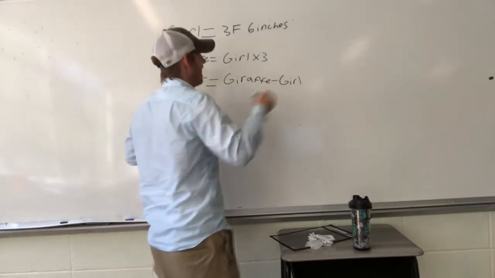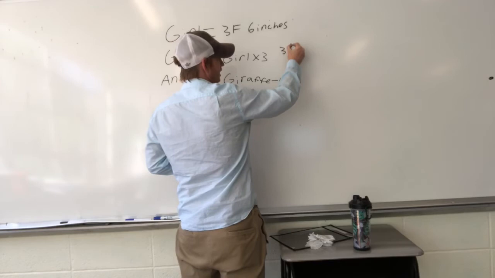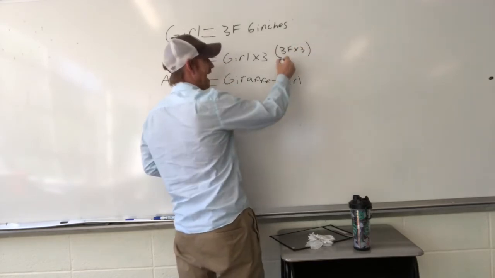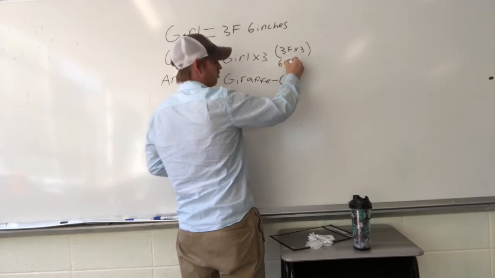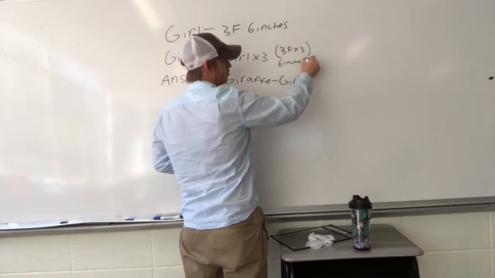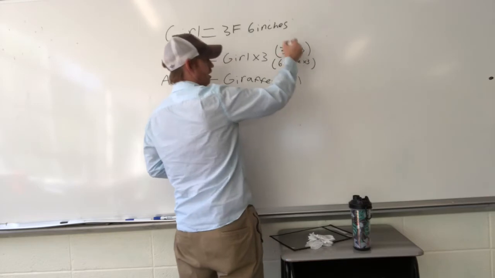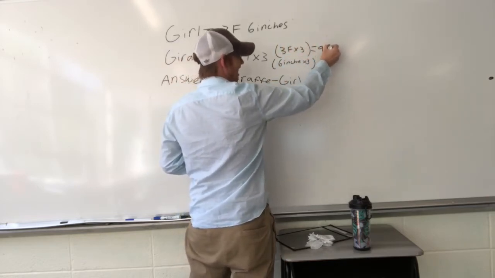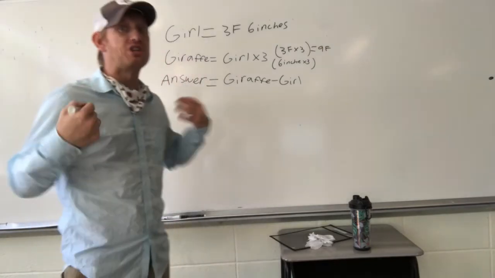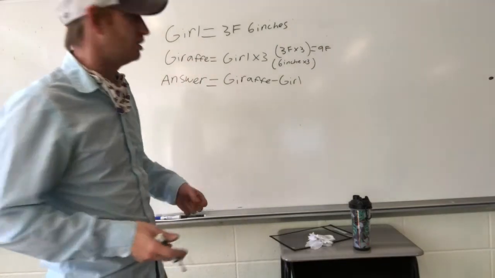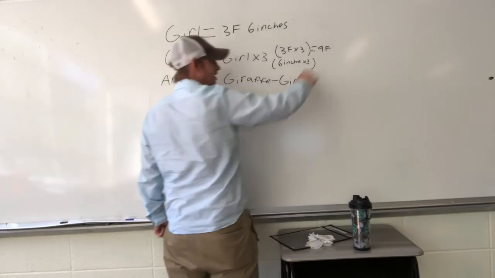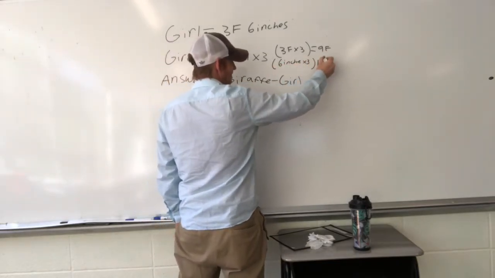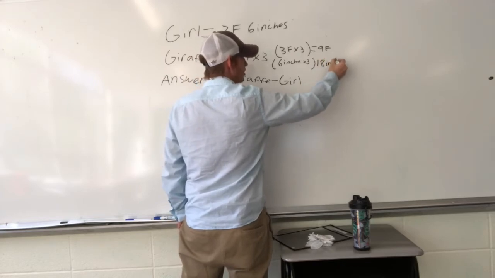So that means we're going to have 3 feet times 3, and we're going to have 6 inches times 3. 3 times 3 is 9, so that's 9 feet. We have to be really sure to keep our units in mind here. 9 feet, 6 times 3 is 18 inches.